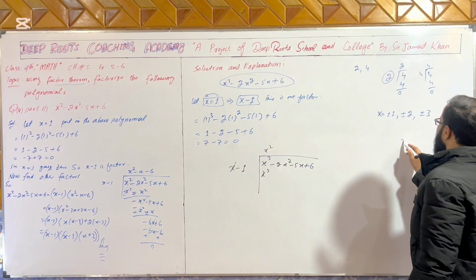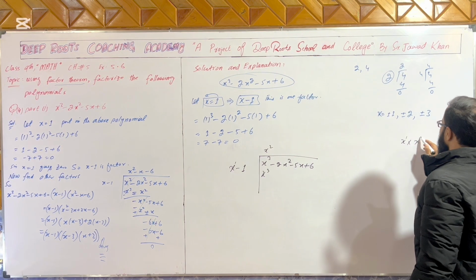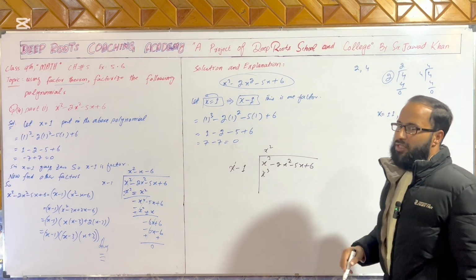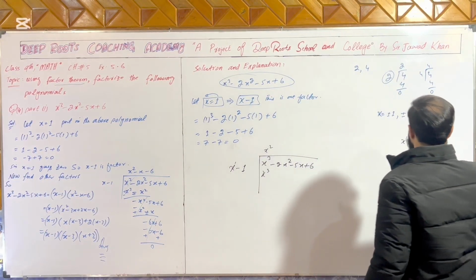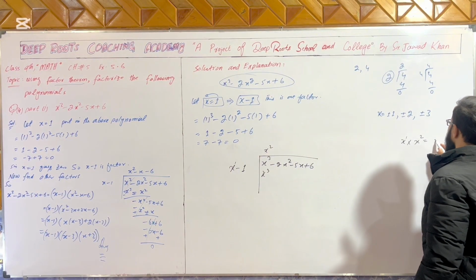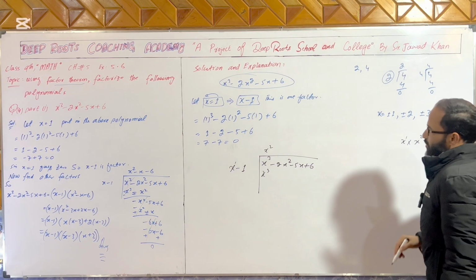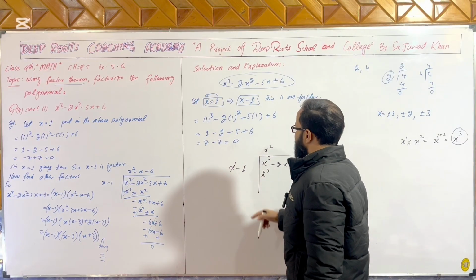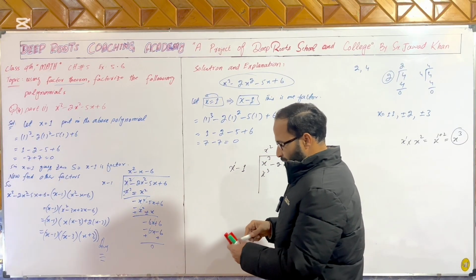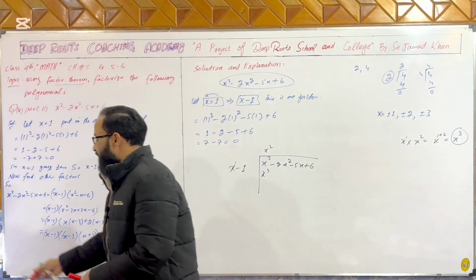Like you know very well that x power 1 multiplied by x power 2, in the exponential laws you learned that if the bases are same, the powers will be added up, so that is x cube. So x and x square will give us x cube.